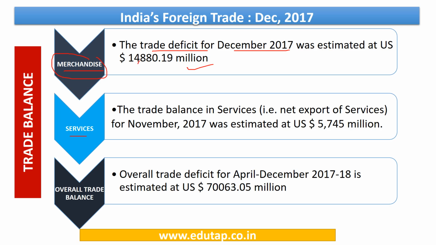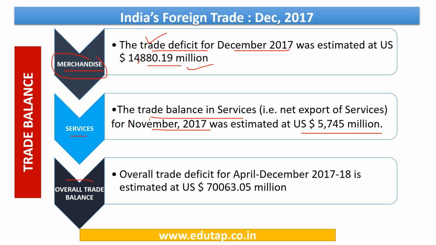You need not learn this figure. Just remember that there has been a trade deficit for December 2017. Similarly, for services, there has been a trade balance of around 5,000 million US dollars for November 2017.